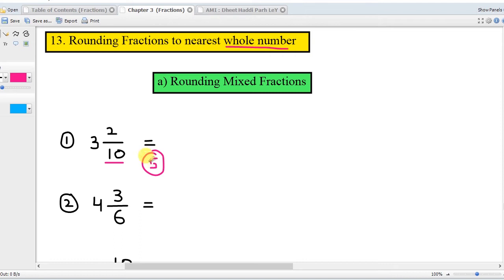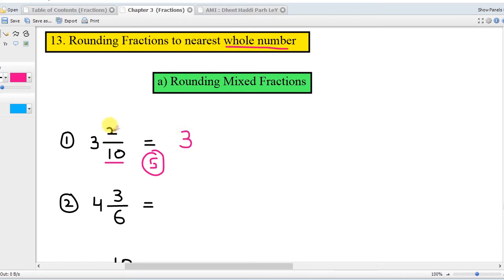Now we have to compare the numerator value with this 5, right? So the numerator value is 2 and half of 10 is 5. Now see, since 2 is less than 5, if the numerator value is less than half of your denominator value, then you keep your whole number as it is.